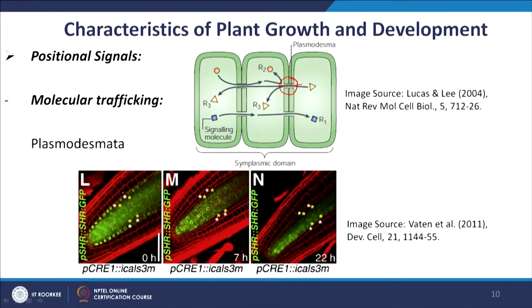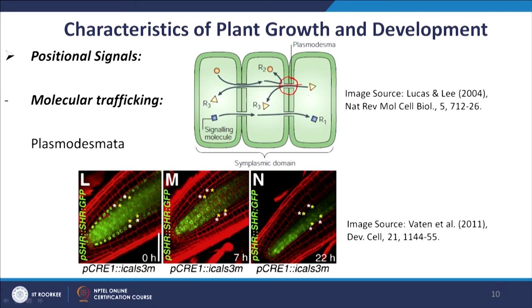But if you look at this picture, is the short root protein moving through the plasmodesmata, and how has it been tested? There is a mechanism, a program, through which you can block the plasmodesmata between the endodermis and the vascular tissues.